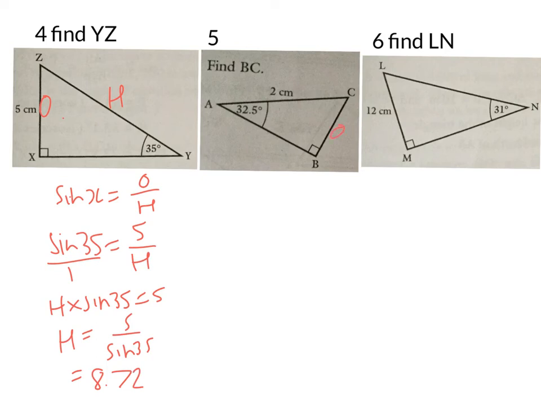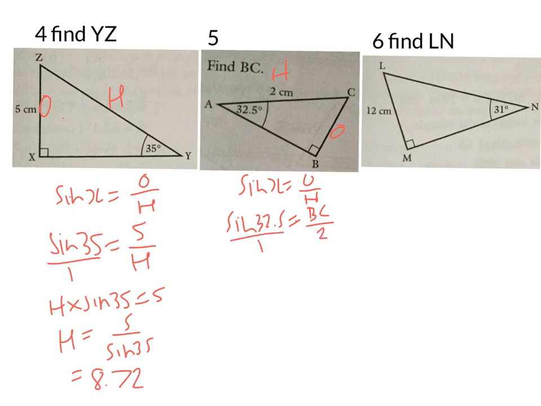On the second one, we have to find BC. It's opposite the angle, it's O. We know this too. It's the longest side opposite the right angle, so it's H. So sine x equals opposite over hypotenuse. Sine 32.5 equals the opposite, which we don't know. I'm going to call that BC over the hypotenuse, which is 2.